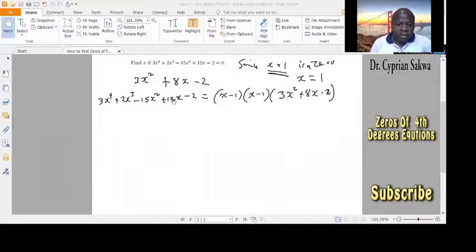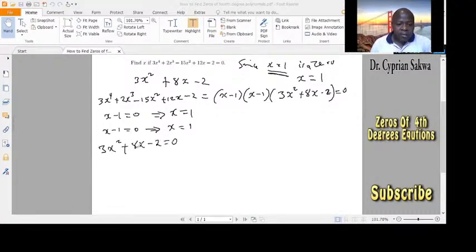This equation was equal to 0, so we must equate this to 0. If that happens, then each of these factors equals 0. X minus 1 equals 0, meaning that x equals 1.